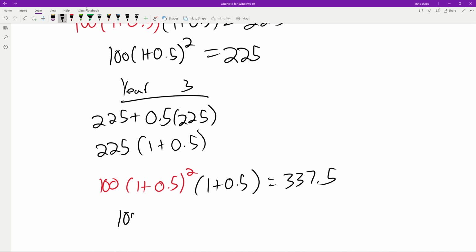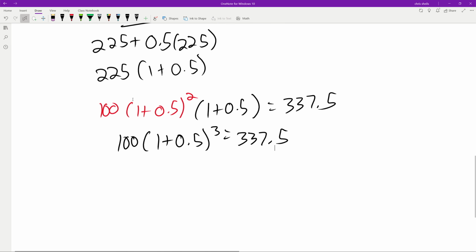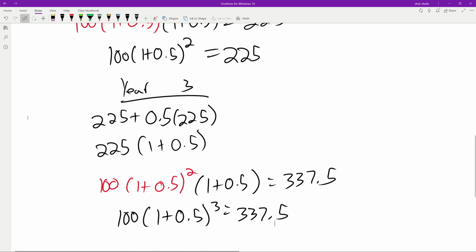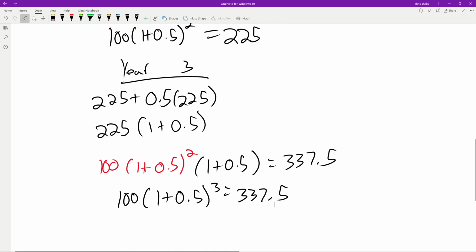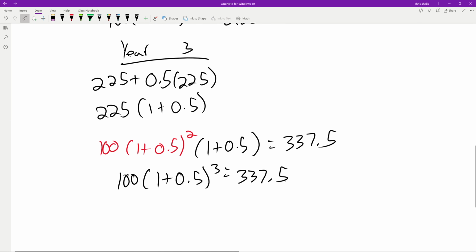And this leaves me with 100 times 1 plus 0.5 cubed equals 337.5. Notice a pattern here, right? Every year, this exponent increases by 1.